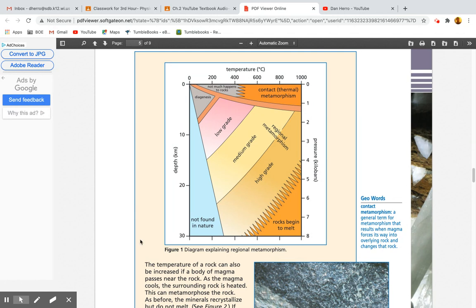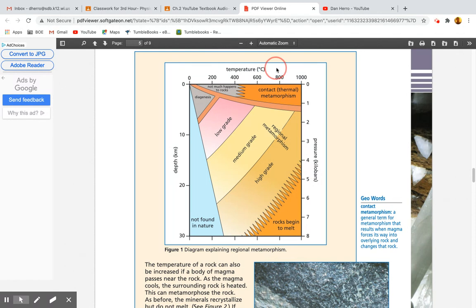Figure 1 is a diagram explaining regional metamorphism. So here's the surface of the Earth up here, and then as you increase in depth, you also increase in pressure. So it's showing that the pressure goes up as the depth increases, and then as your temperature increases, so there's really three variables here.